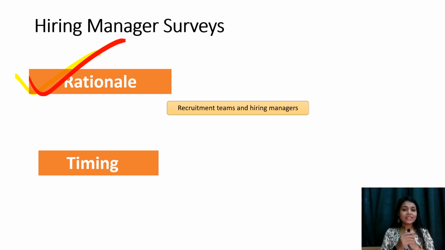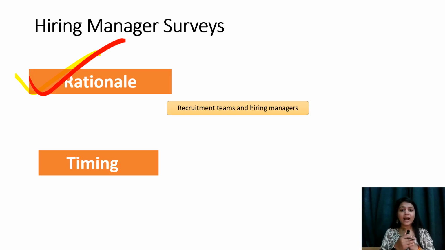The reason is this survey measures the alignment between the recruitment team and the hiring manager, and it pinpoints process inefficiency and assesses the candidate's quality and also velocity. So a higher satisfaction score, you know, correlates with smoother collaboration and fewer misaligned hires.